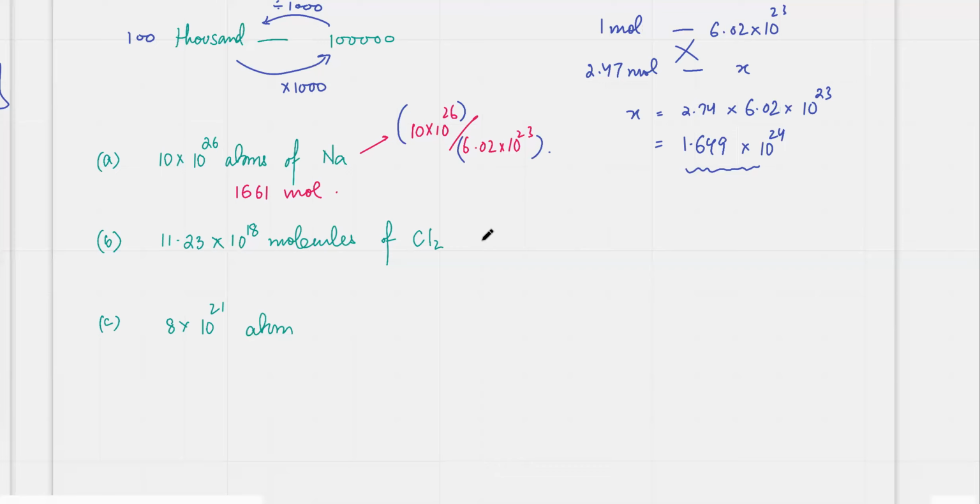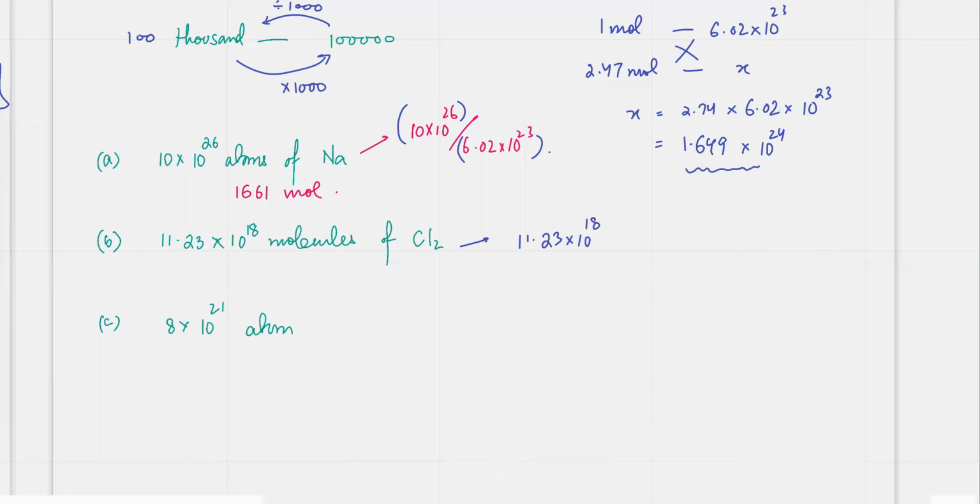1.865 into 10 raised to power minus 15. This is what you're going to do. 11.23 into 10 raised to power 18.